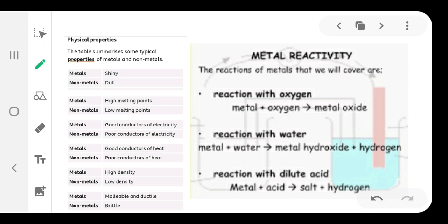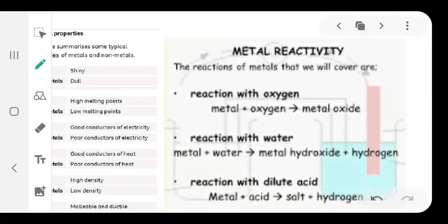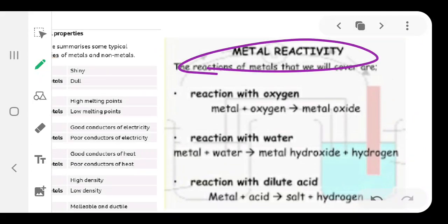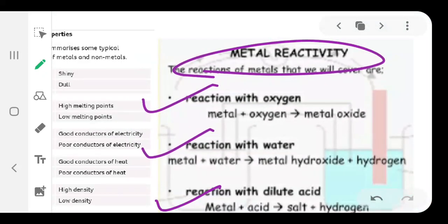Now here comes the biggest part of the chapter, which people normally find difficult to learn: the reactivity of metals. In your textbook there are three cases: reaction with oxygen, with water, and with dilute acid. These are very important from the examination point of view, and sometimes difficult to understand if you don't know the concept.